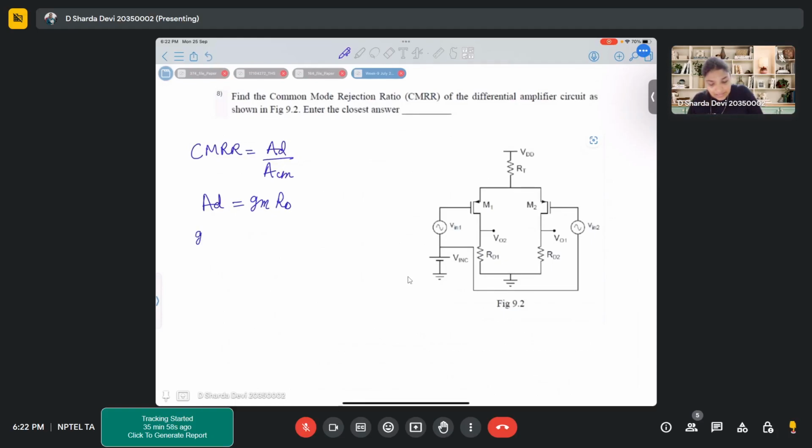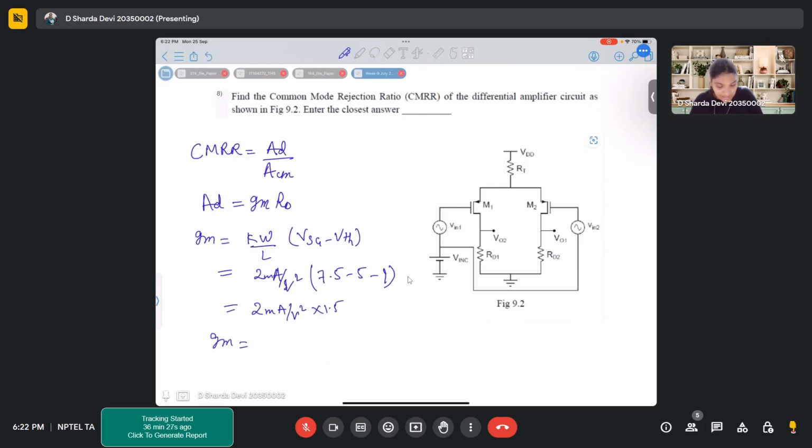Now GM is kW by L, VSG minus VTH, which is 2 milliamperes per volt square into Vs was 7.5 minus 5 minus 1. So that is 2 milliamperes per volt square into 1.5. So Gm is 3 millisiemens.